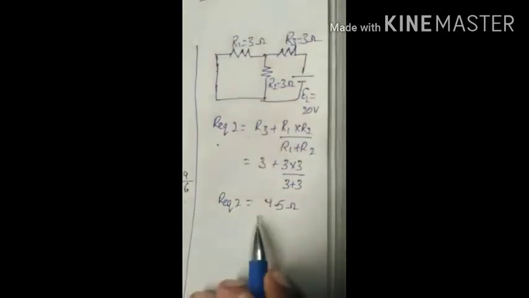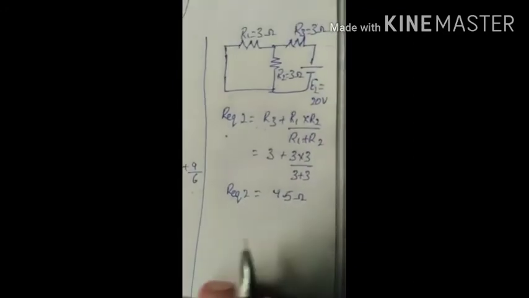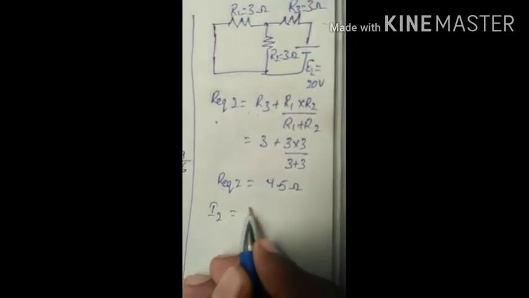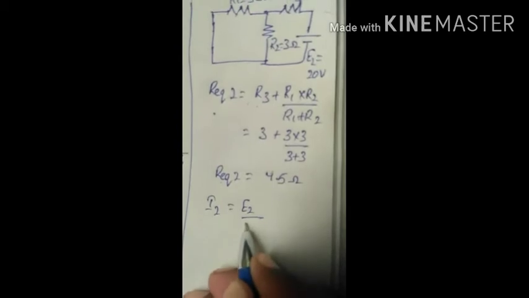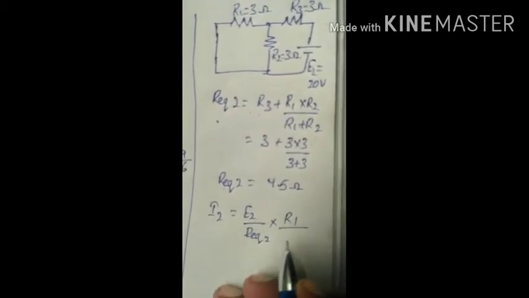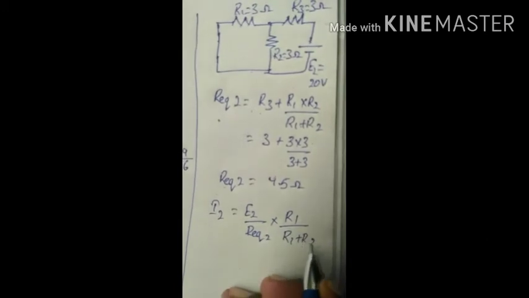And to find I2, we use E2 divided by R equivalent 2 into R1 by R1 plus R2.